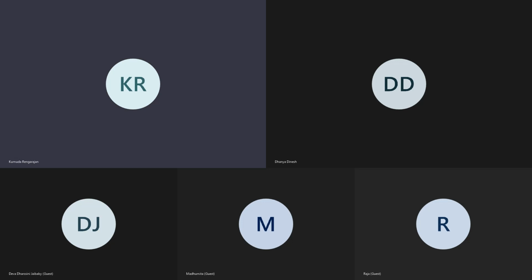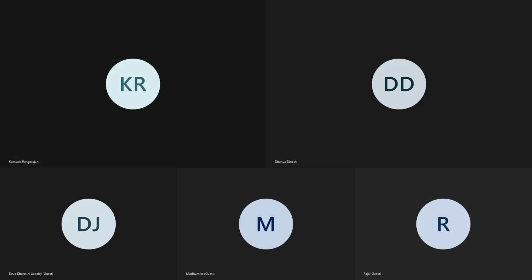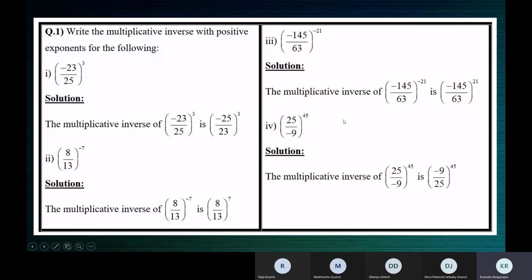No, I'm not finding it comfortable because they're all fractions. Let me show you the screen. Yeah, let's understand with the screen, children. So see the first one, children. What Devadarshini just answered.